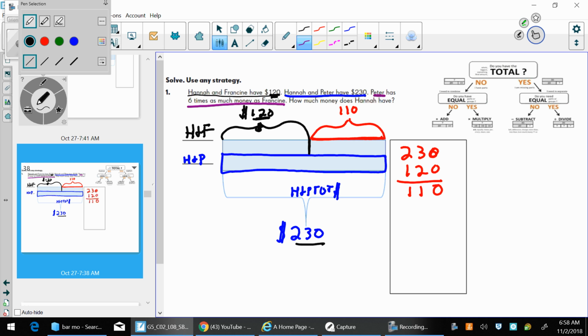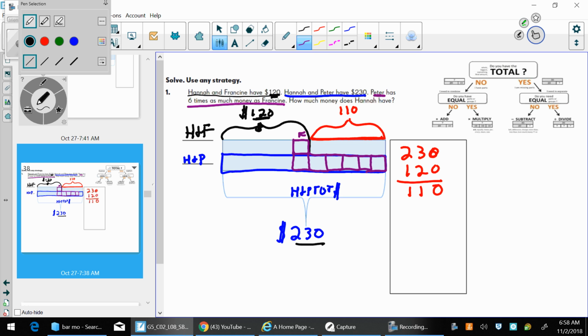Let me put a box right here that represents Francine. Now, if that little box is Francine, Peter should have 6 of those, because he's got 6 times that. So what I do is I just drop down and make 1 box for Peter. 2, 3, 4, 5, 6.